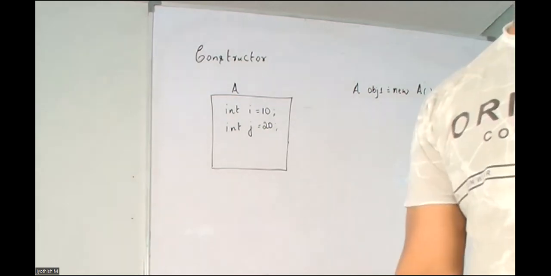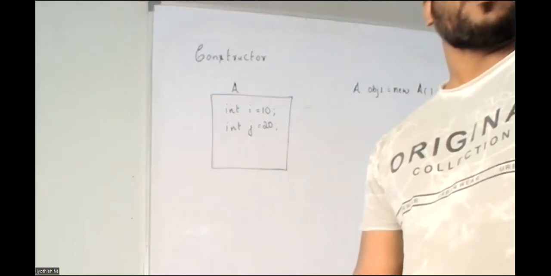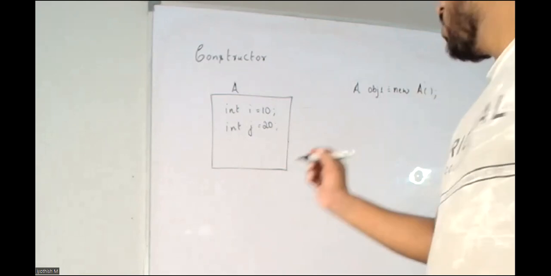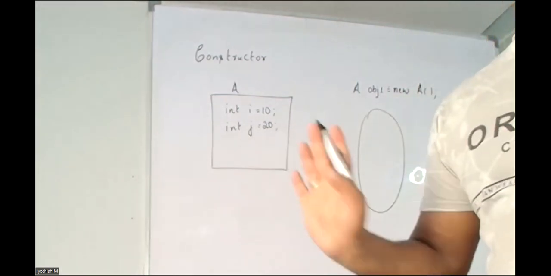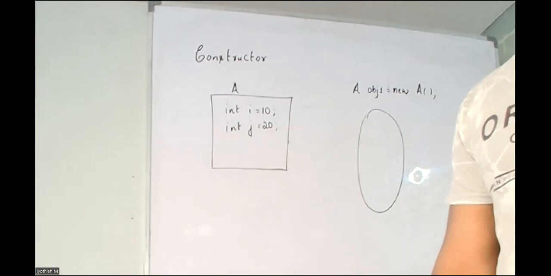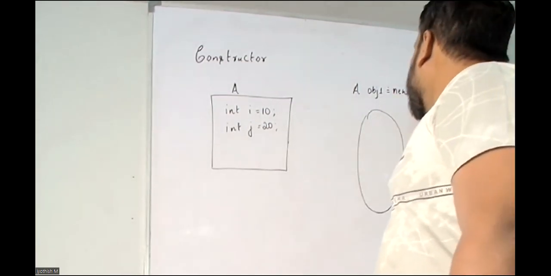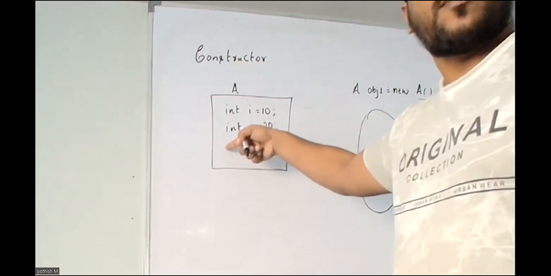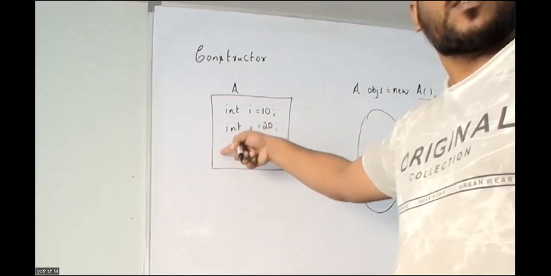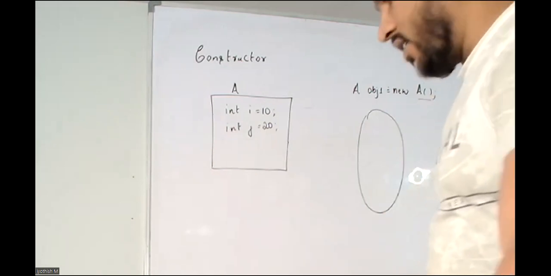So guys, whenever you create an object, you use the new keyword. New will create an empty object. Nothing will be a constructor inside this class. Can you see? Correct.